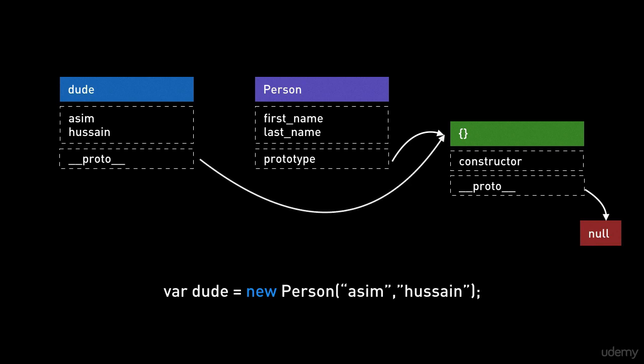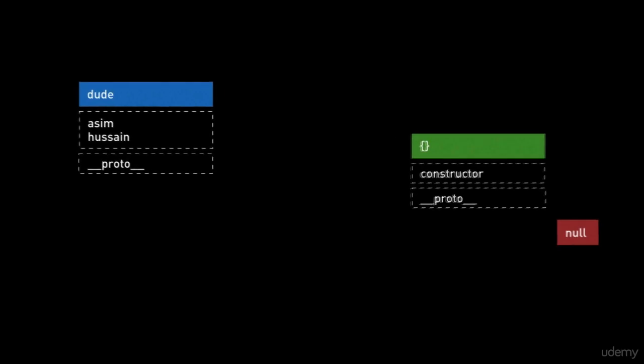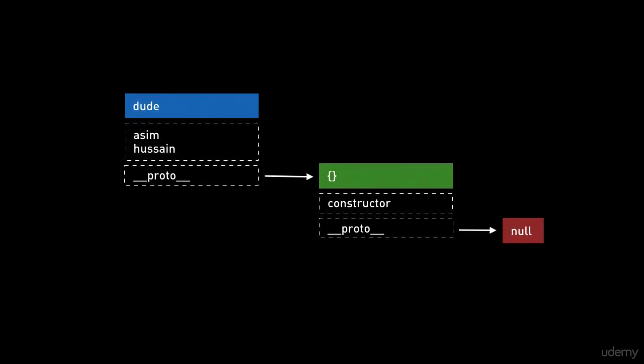It points to the same thing the prototype property on the person function constructor points to. So eventually, when the object is constructed, this is what it ends up looking like. It has a prototype chain where the dude instance points to the prototype of the function constructor which was used to create it, and again down the chain until you reach null.